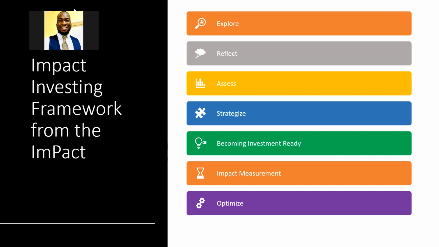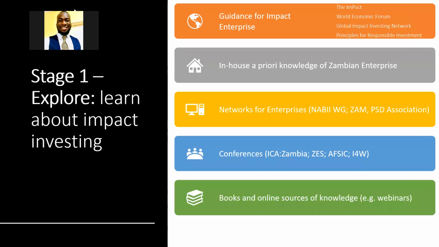Because if your impact is going to be bigger, it's better for you to have quite a lot of people who are backing you, and of course that makes for a greater conversation. And then the other step is impact measurement. And lastly, the 7th step in the ESG framework, is optimizing. So I'll just go over these briefly and try to discuss them. That is in the next slide, Christian.